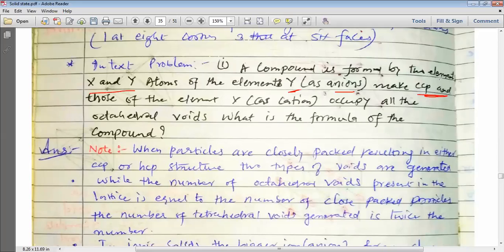CCP means this pencil arrangement. And those of element X, that is cation, occupy all the octahedral voids. Please remember, this X occupies only the octahedral voids, not the tetrahedral voids. Now we are well aware that if n atoms are arranged, if the number of atoms is equal to n, then octahedral voids are also n.